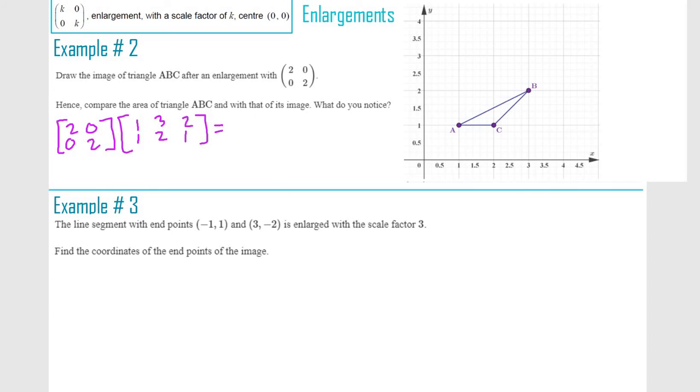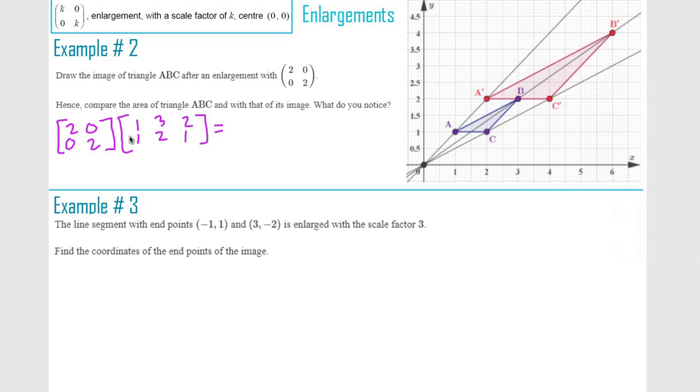All right, we can multiply, and let's see, what are our new points? Well, I have it right here actually. Okay, so A prime ends up being 2, 2, B is 6, 4, and C, I know I could have multiplied, but I'm just tired.